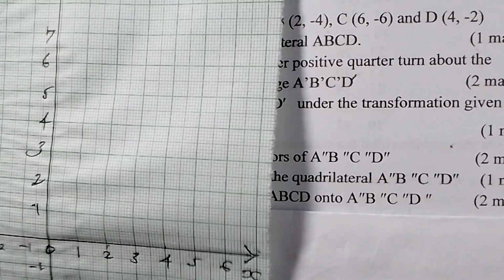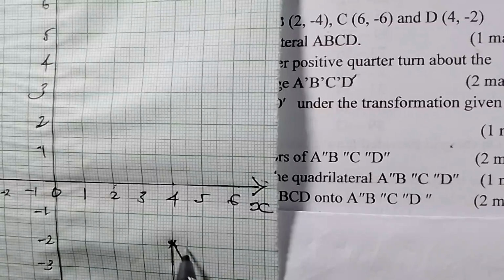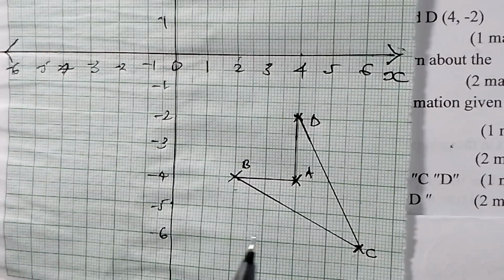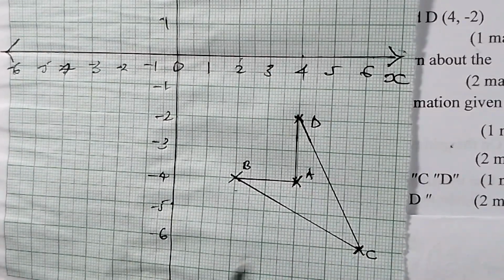So that is point D. Point D is here. So we now have the object ABCD.